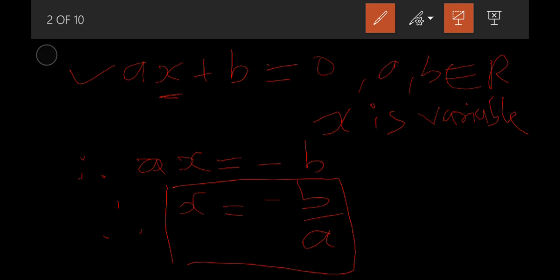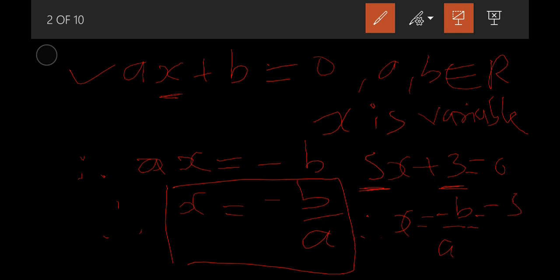For example, 5x plus 3 is equal to 0. Then directly, as we know, it is a and it is b. So the root of the equation is minus b by a, which is minus 3 divided by 5. So it is the root of the given linear equation 5x plus 3 is equal to 0.